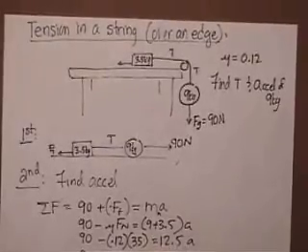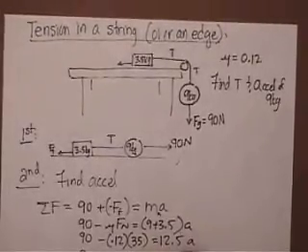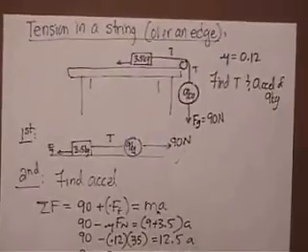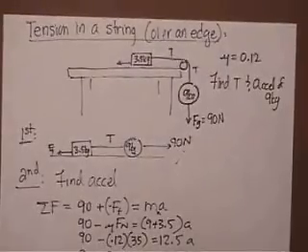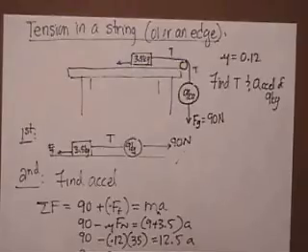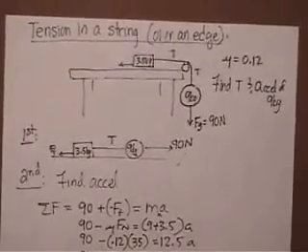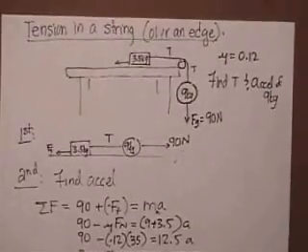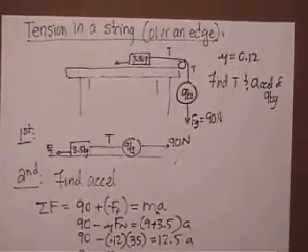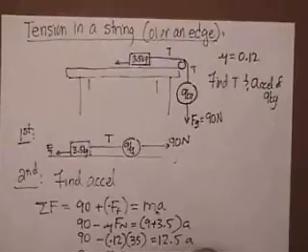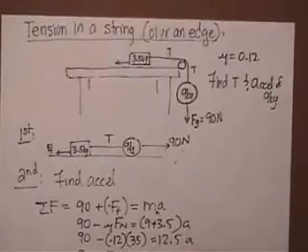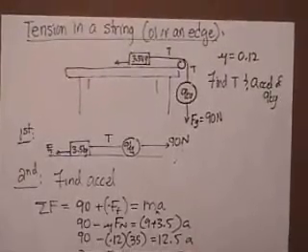So 90 subtract 85.8. No, that's not right. 90 subtract 0.12 times 35 is 4.2. Equals 12.5a.